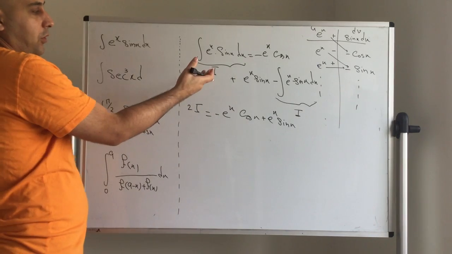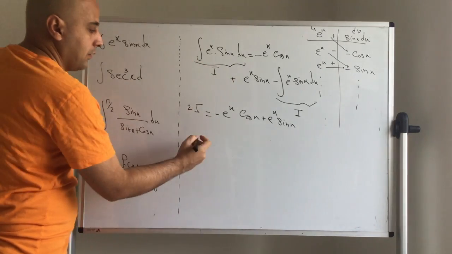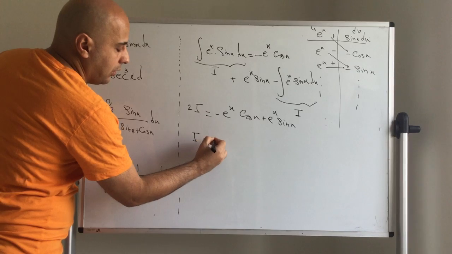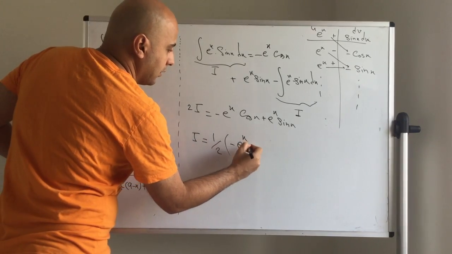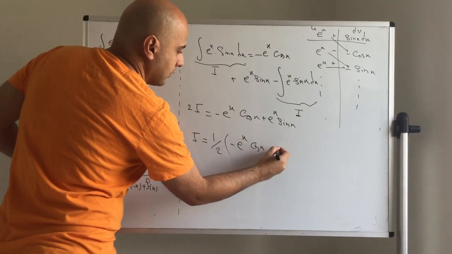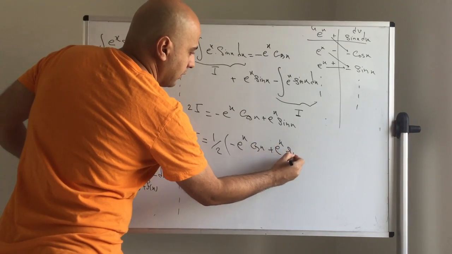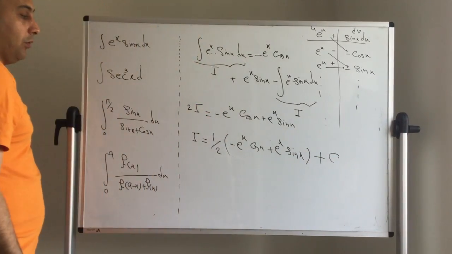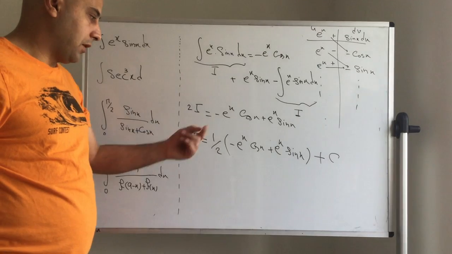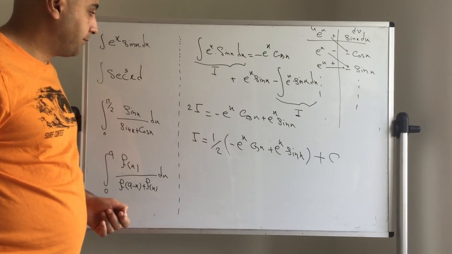I'm looking for the answer of the I. So I equals minus e power x cosine x plus e power x sine x, and also plus c. So I divide by 2.